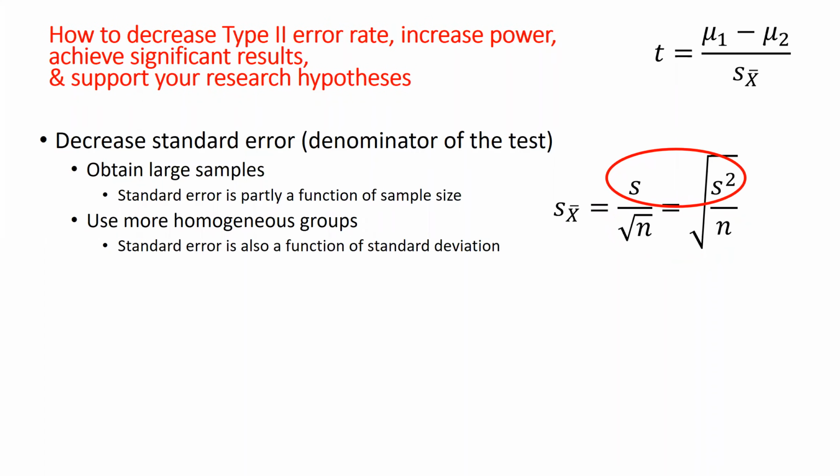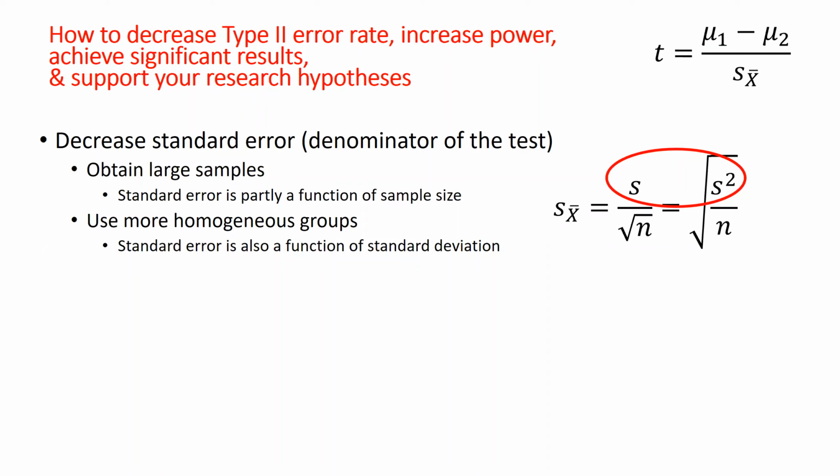In the numerator of the standard error term, you can also use more homogeneous groups. Now, sometimes you don't want to do that because it runs counter to your hypotheses. You want to be talking about a diverse group of people. But one of the reasons that a lot of psychological studies have been done on predominantly white middle class students in freshman psychology classes is that those people are convenient, but also that they're fairly homogeneous.